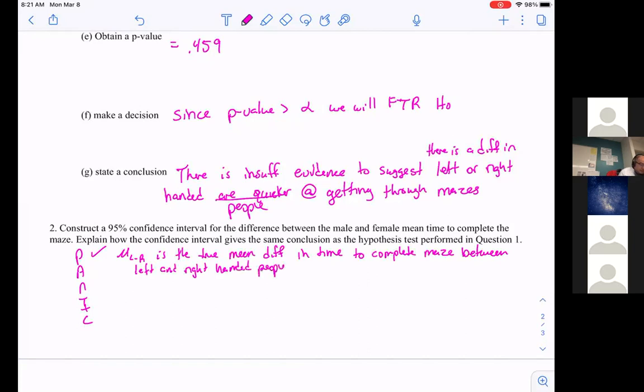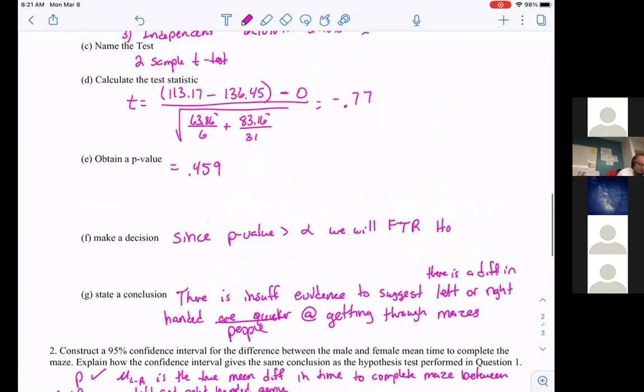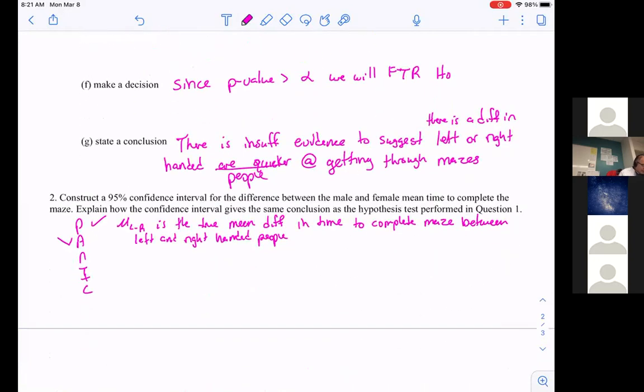So in this case, it really was a true difference. Our assumptions were done from up above. So this is going to be a 2 sample t interval.